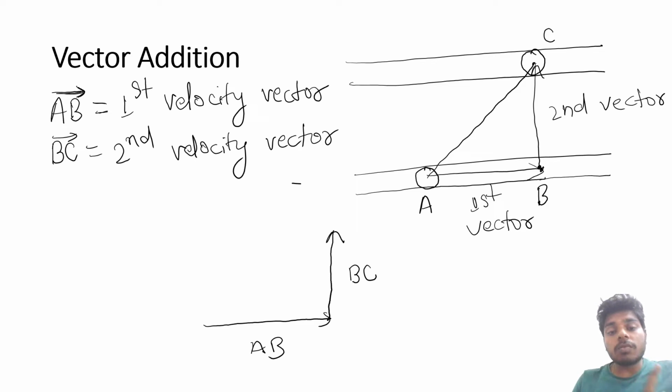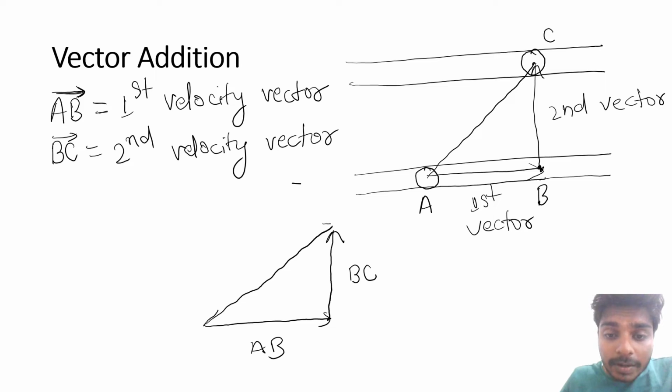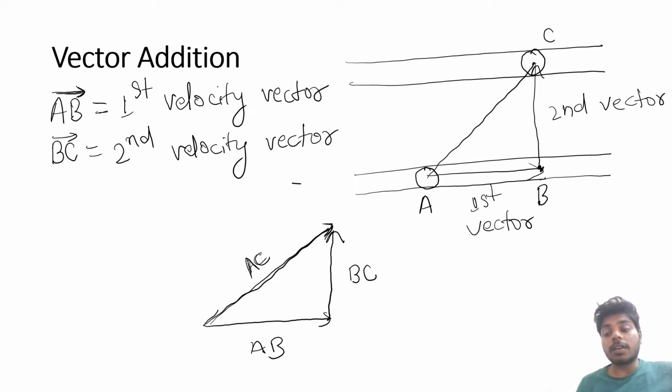Now the resultant vector will be formed by joining the tail of the first vector and the head of the second vector. This is AC, that is our resultant vector.